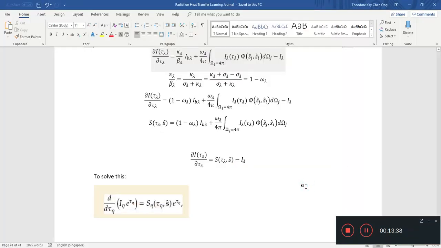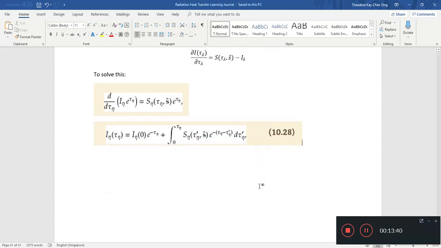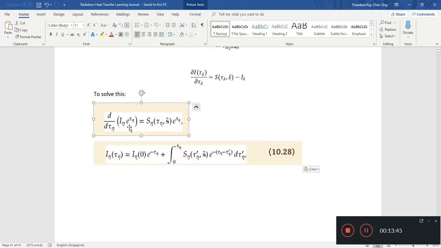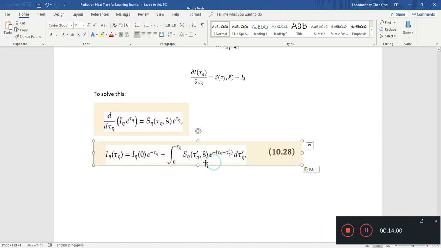It isn't too difficult. This is a first order ODE, so you multiply both sides by this integrating factor, exponential tau lambda, and then you integrate. So you integrate this side from 0 to tau lambda, and then you have this expression over here.